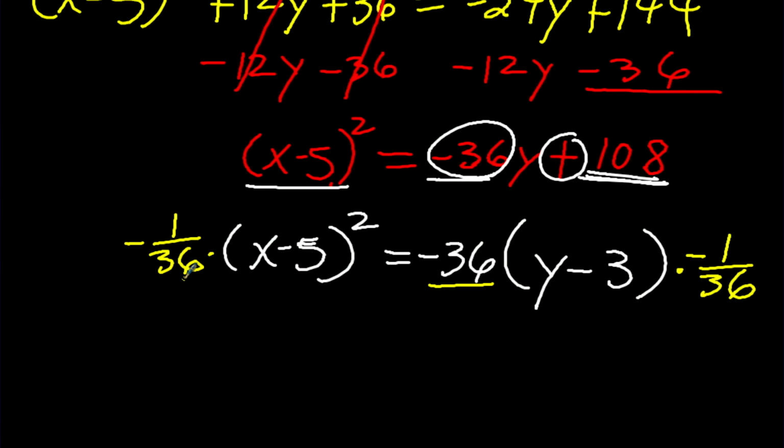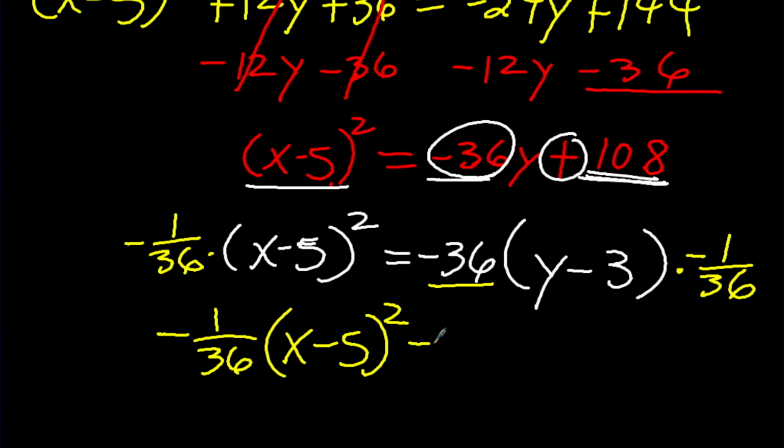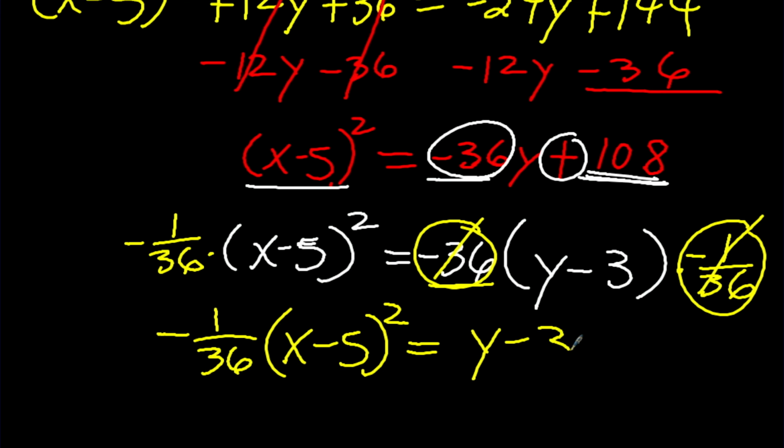And when I do that, I'm left with a negative 1 over 36 times x minus 5 quantity squared. That's equal to, when I multiply the negative 36 times its reciprocal, it cancels out, and I'm left with, and I'm going to drop the parentheses, y minus 3.